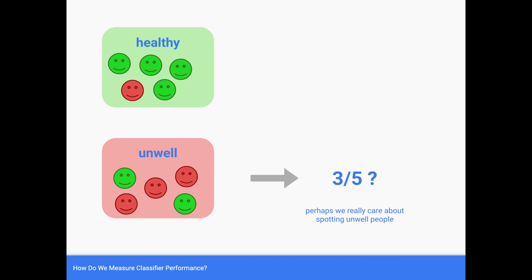Actually, we might have a different problem on our hands where we care less about the healthy but more about the unwell, and maybe that's our focus. So maybe we should be focusing on this box and saying actually this performance is 3 out of 5. And if we do care about the unwell, what about this one that's left over here? So that suggests maybe that isn't the full picture.